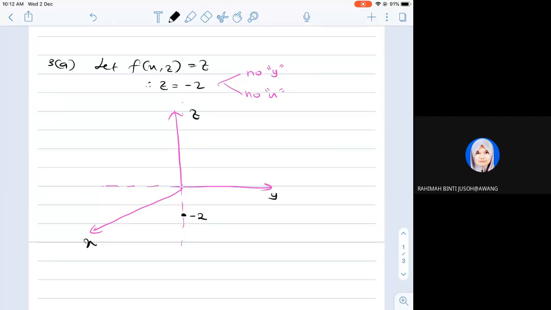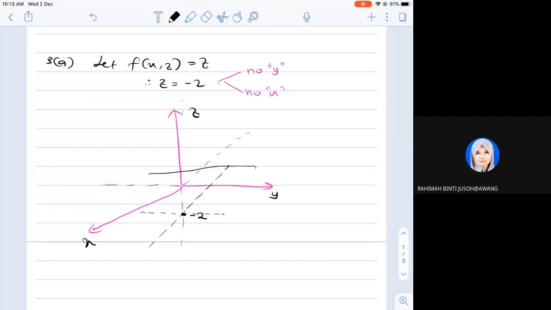Now we need to plot the traces. The trace should be parallel. This is the negative x-axis. It should be parallel along x, so we have this, and then parallel along y, so this is the line. What you should do is just connect all of this.